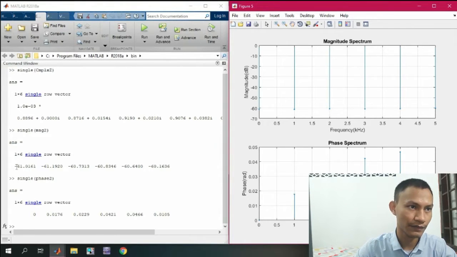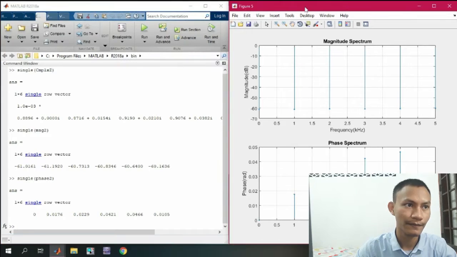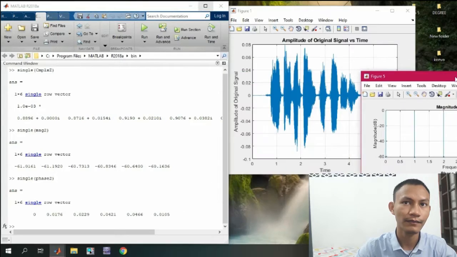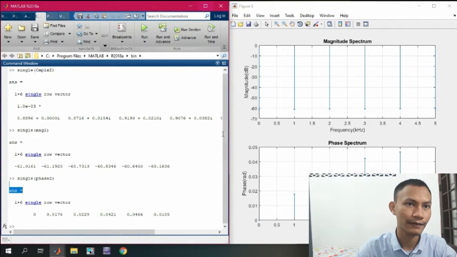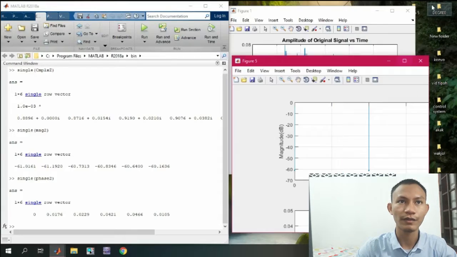So here first, negative 61.0161. Here we can see negative 61.0161, and the phase is 0. So we can see here phase is 0, so it means that it proves my simulation.